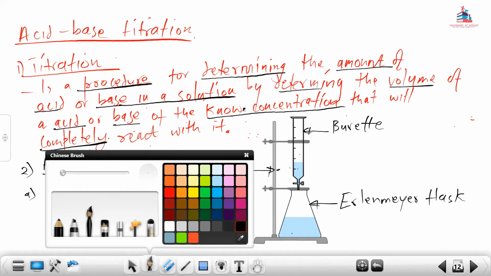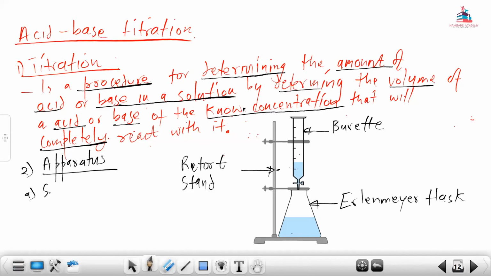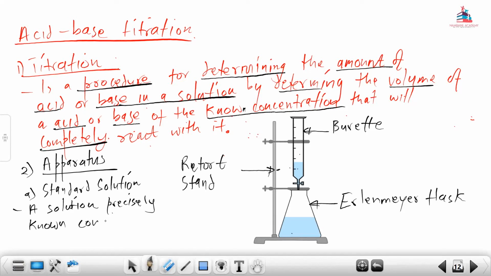So in simple terms, a standard solution is now what? A solution with precisely known concentration.